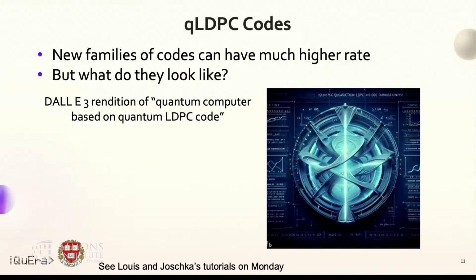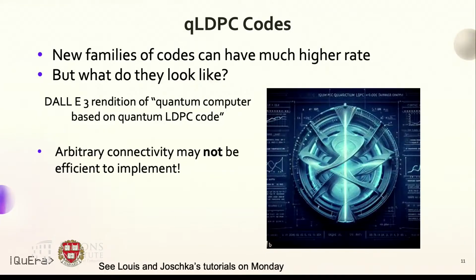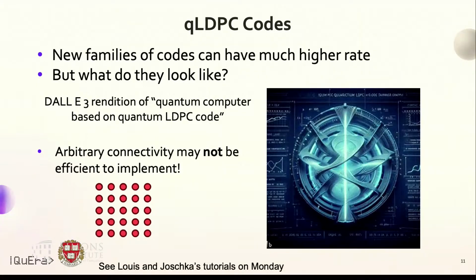And arbitrary connectivity may not be efficient to implement, right? In some cases, maybe if you have some clever compilation tricks, you can get somewhere. But I think it's fair to say that with these rectangular constraints, it's not obvious how to implement generic all-to-all arbitrary connectivity, at least at this point.